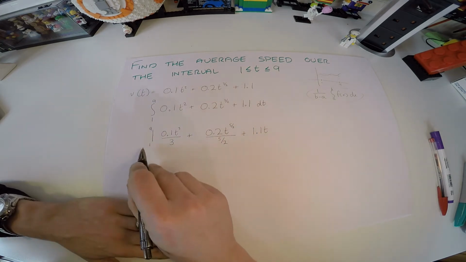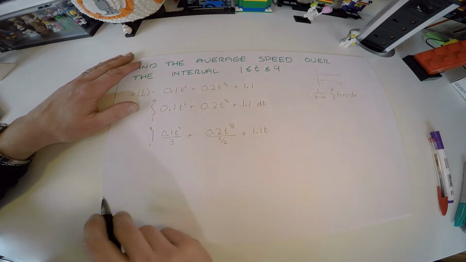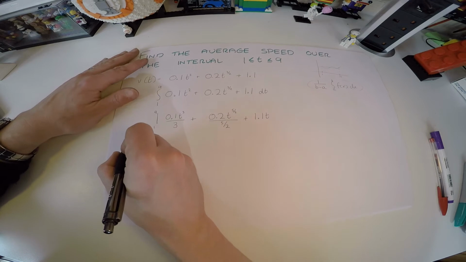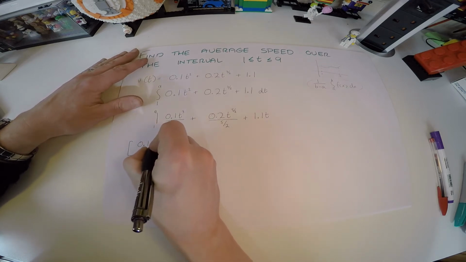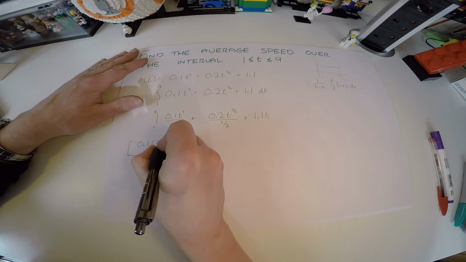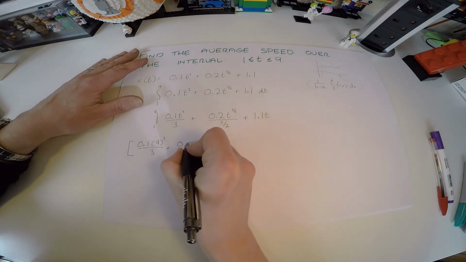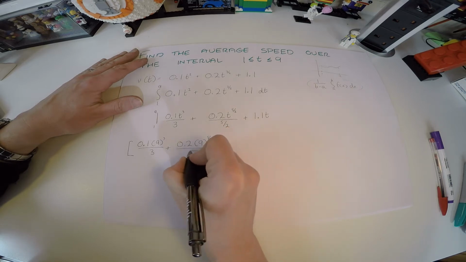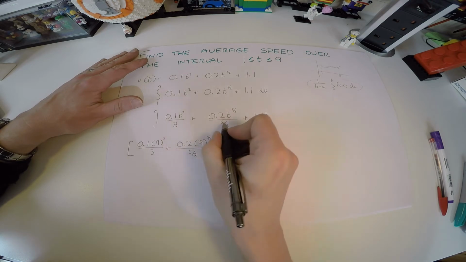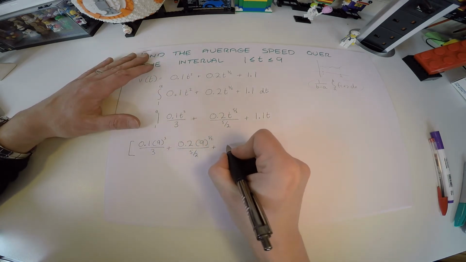Okay, so now when we actually do this, we have to take our top limit in here first and subtract using our bottom limit. So I'll use square brackets for this. Now let's put in the top limit, 0.1 times 9 cubed, and then it's over 3, plus 0.2, this time 9 to the power of 5 over 2, divided by 5 over 2. And I could have flipped that upside down and multiplied, but I'll just leave it in for now.